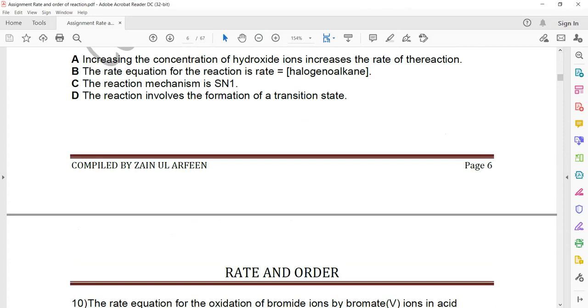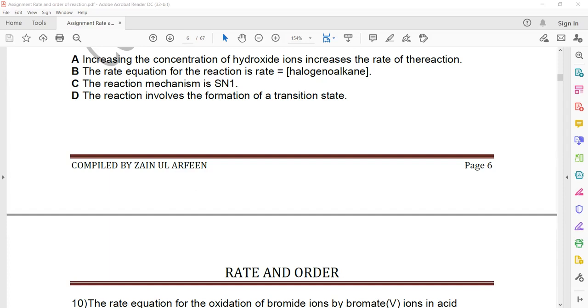Then when the reaction occurs, there can be a change in optical activity. The optical activity of a substance might change. We can have two types of substitution reaction: SN1 and SN2.